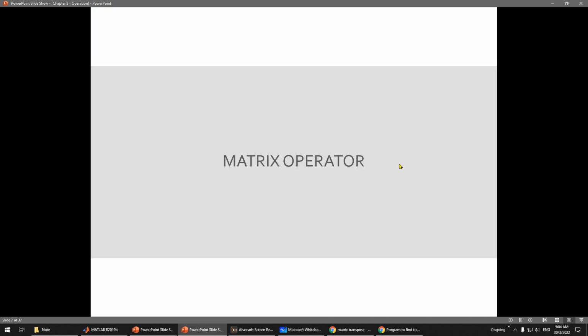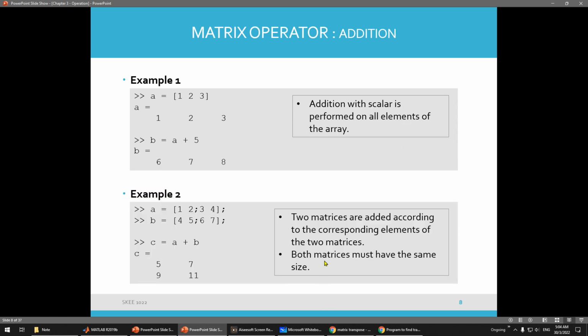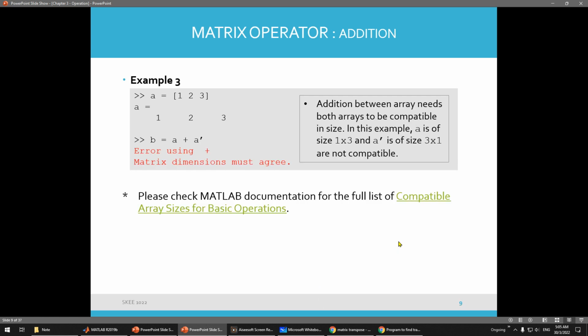When you do transpose, remember this one is 1 row, 3 columns, so 1 multiplied by 3 size. And when you transpose it, it will become 3 multiplied by 1. So it will flip. And remember that both matrices must have the same size. So it's not the same size, so it will error. So make sure you know, because this is a standard matrix rule.